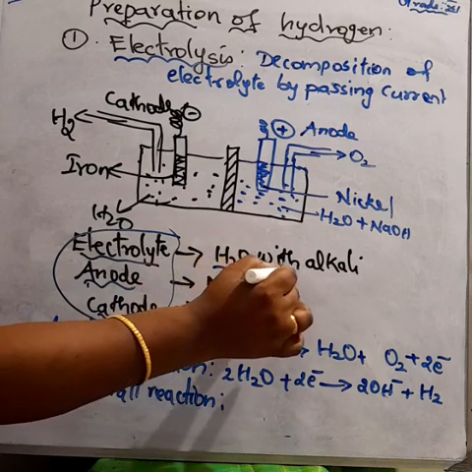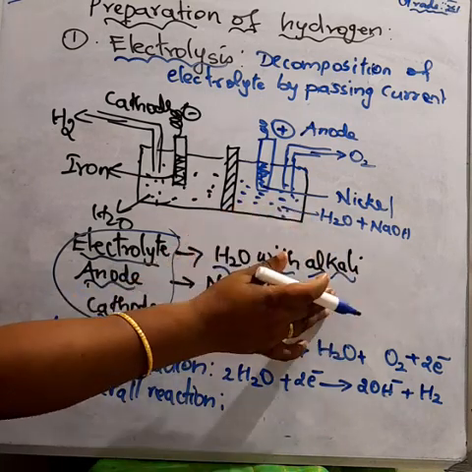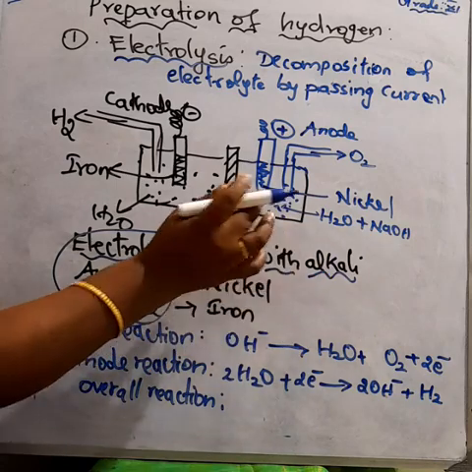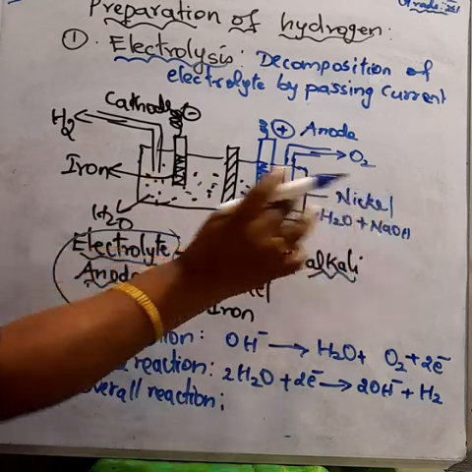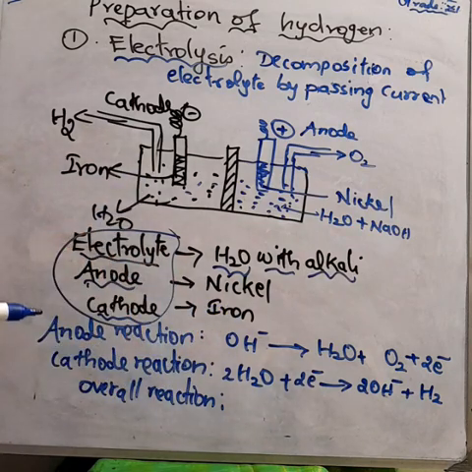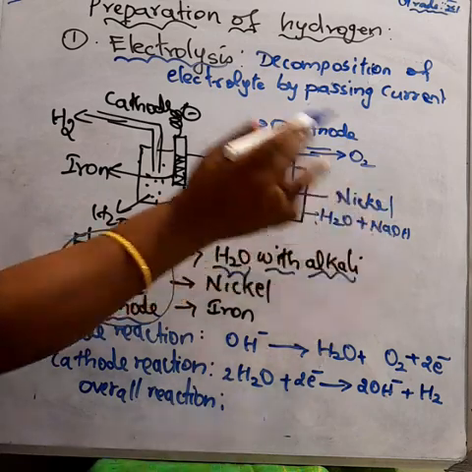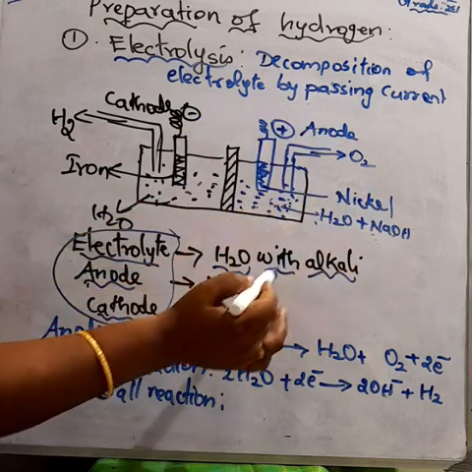The water is made conducting by adding a little alkali, or any other electrolyte can be used. What electrolytes can we use? Sodium hydroxide or potassium hydroxide, but here we are taking water as the electrolyte, with a little amount of alkali to make it conducting.